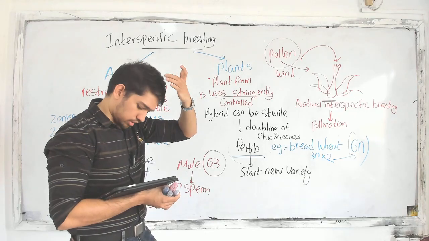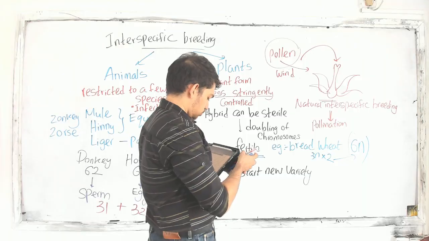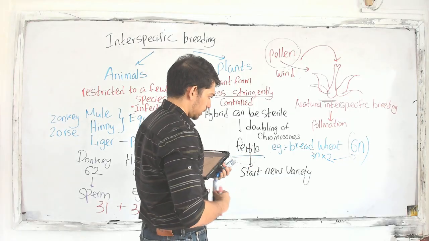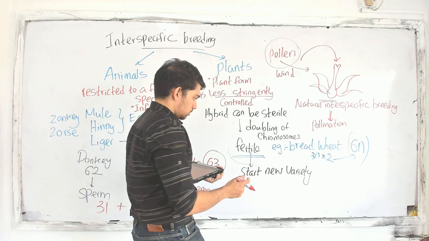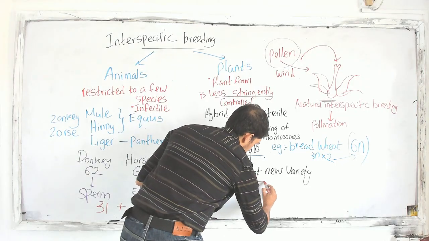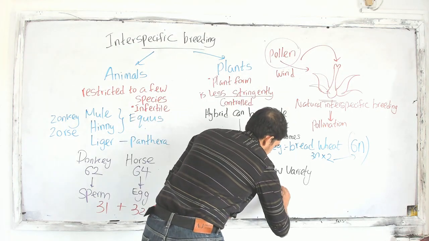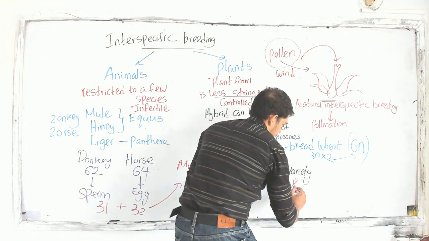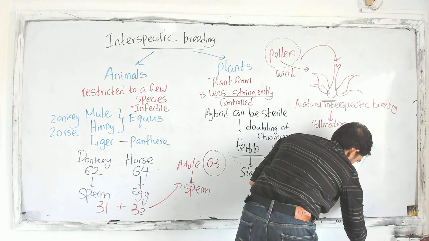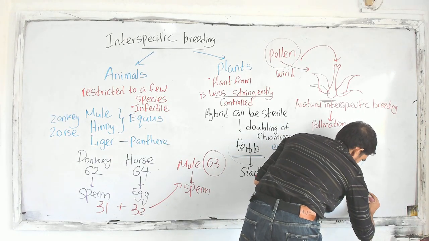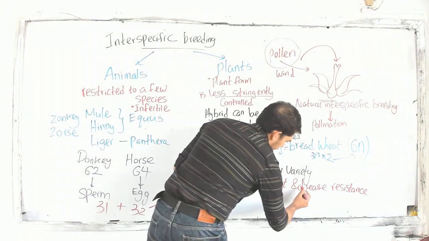Then another example. The benefits are sort of endless. You can get a new variety, and this new variety can have some more advantages, such as pest and disease resistance. They can have added advantages.